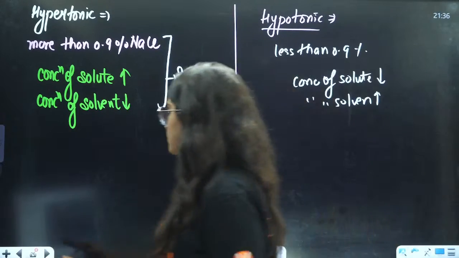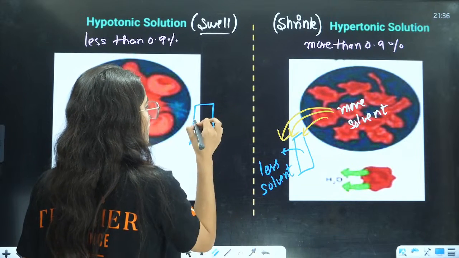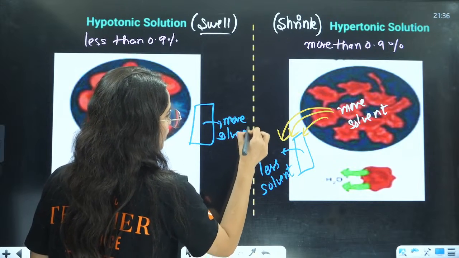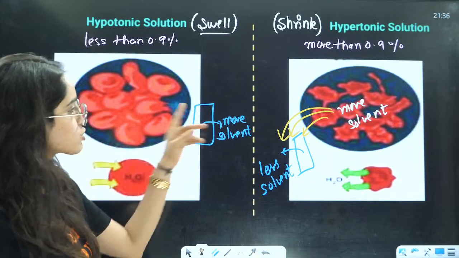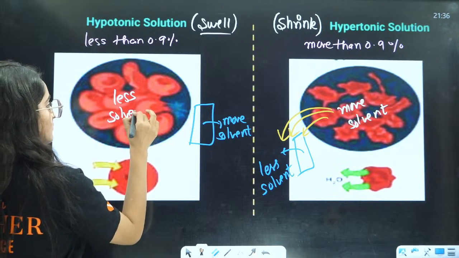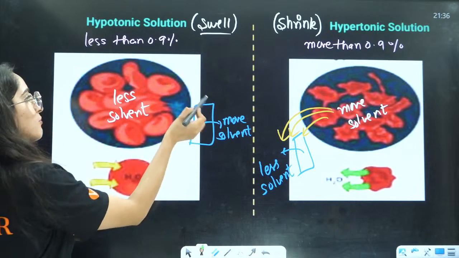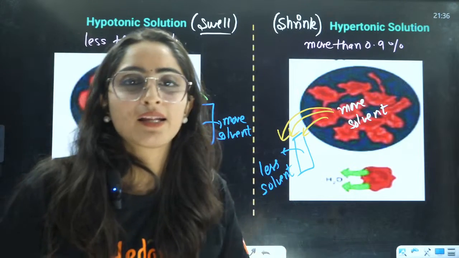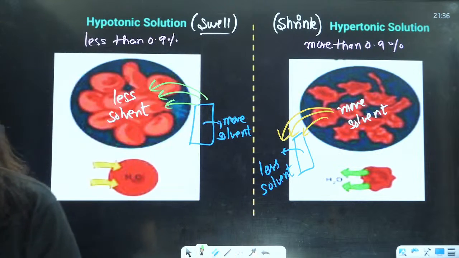Your injection will have more solvent, and in comparison to that, the cell will have less solvent. That is why it is going to move from more to less. That is why we are adding water into the cell, and that is why the cell is getting swelled. It will swell. Okay? Understood?